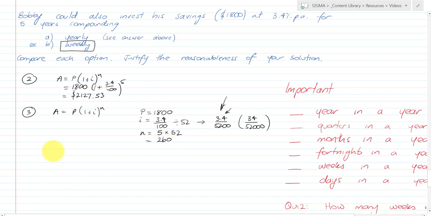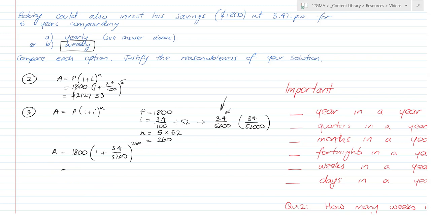And now we can just substitute those values in. A is equal to P, we haven't changed the investment, times 1 plus 3.4 over 5200 to the power of n, which is 260.